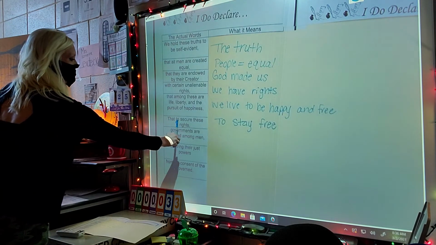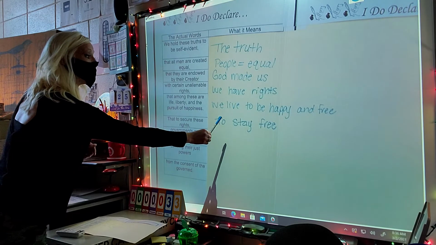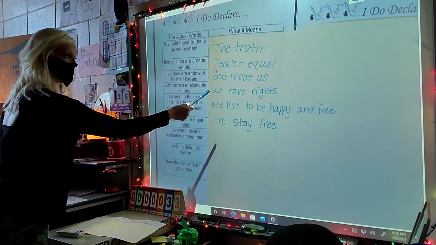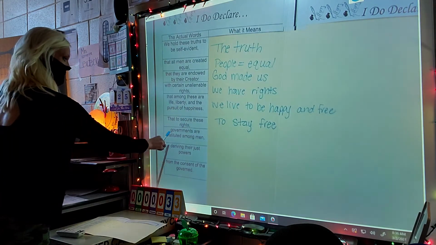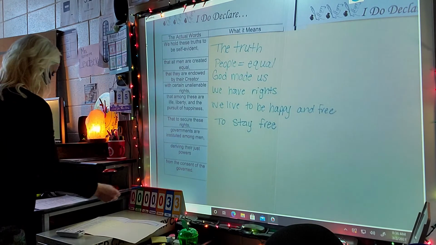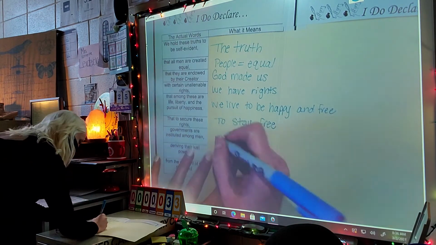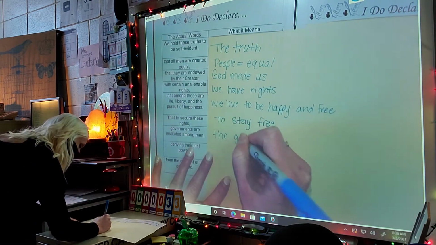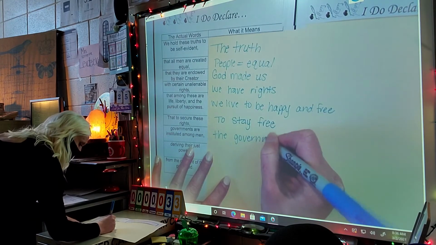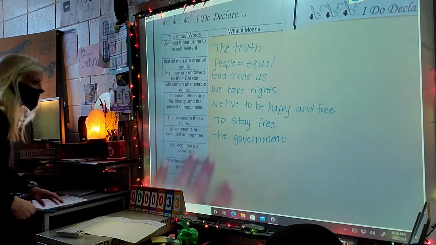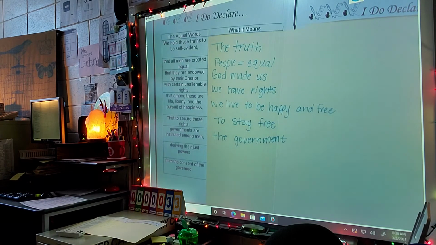So that to secure these rights, so in order so we can stay free and still have all of our rights, governments are instituted among men. So the next one's gonna be the government. Oh, government was one of our words last time. It was one of our words, very good.